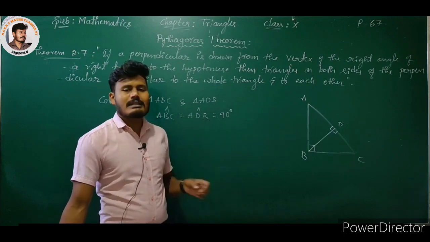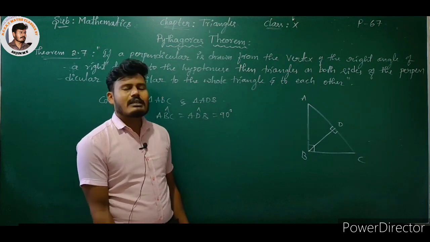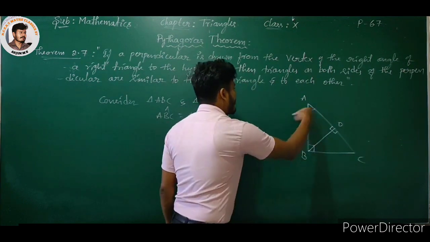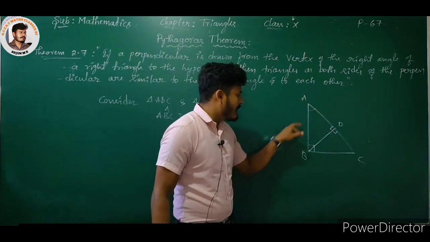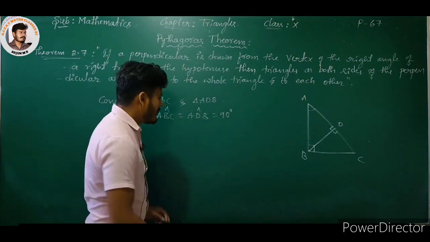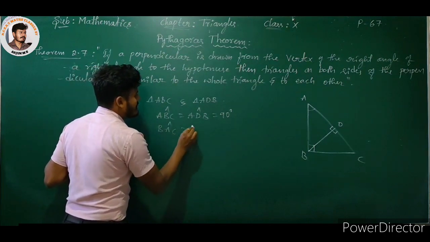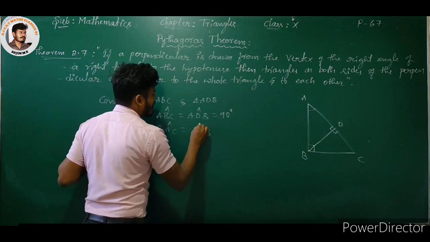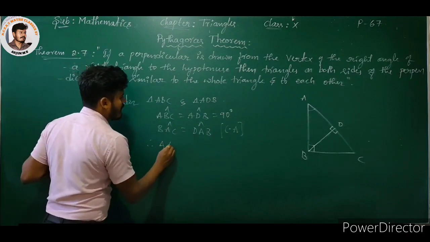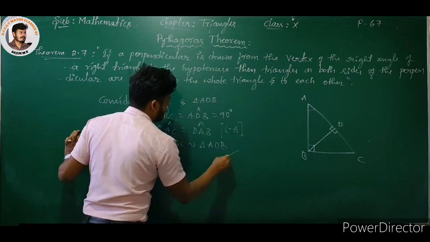Right? So to prove these two triangles similar, we need one more angle. So just observe in the figure. In triangle ABC, angle A is there, and in triangle ADB also we notice one common angle, that is angle A. Angle BAC is equal to angle DAB, both are the common angle. Therefore triangle ABC is similar to triangle ADB.